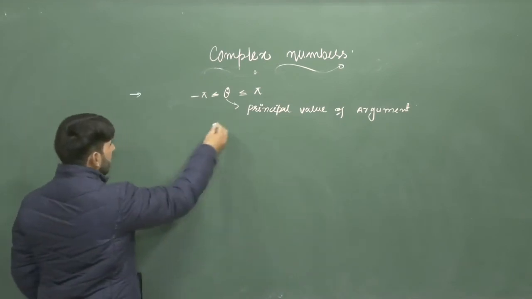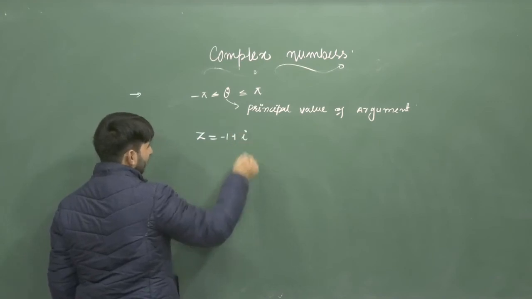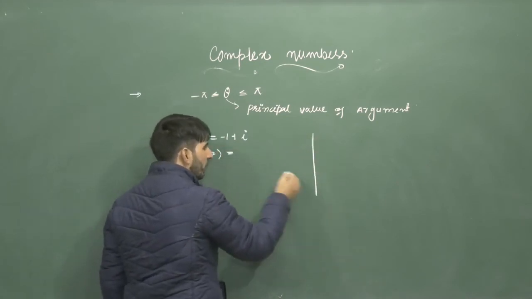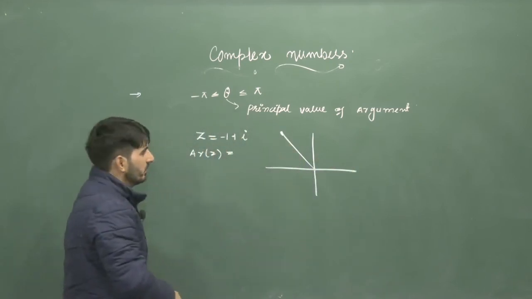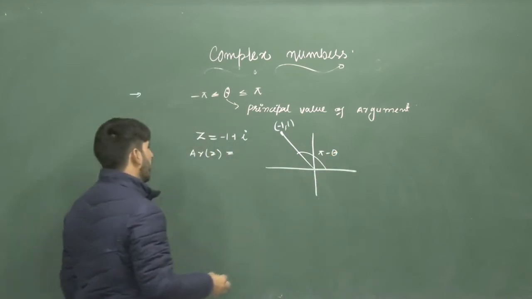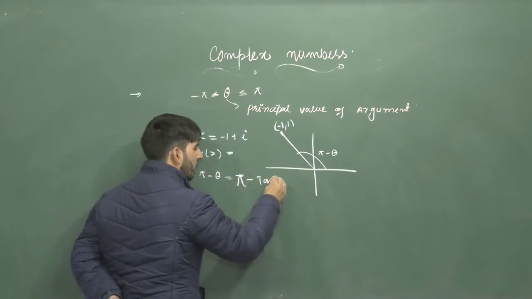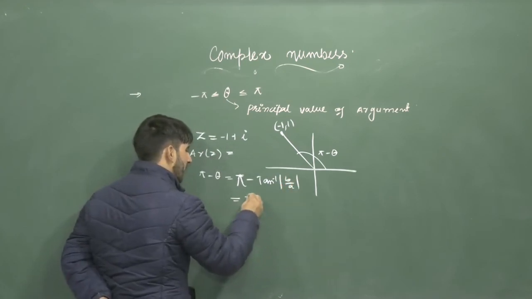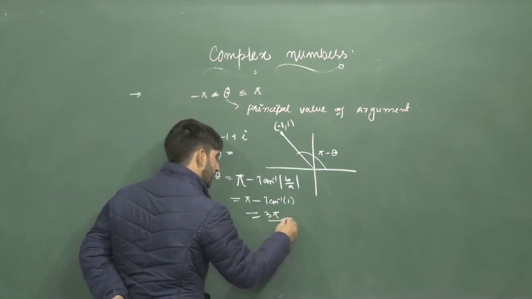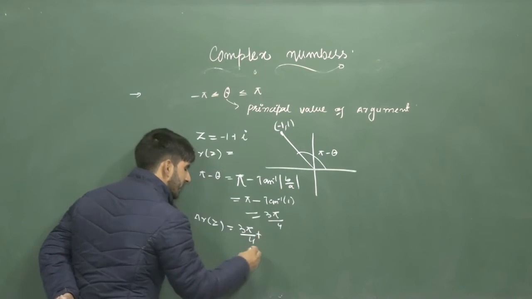For example, we have a complex number, say -1 + i. This complex number lies in the second quadrant, at (-1, 1), and its argument is π - θ, where θ = tan⁻¹|b/a| = tan⁻¹(1) = π/4. So π - π/4 is 3π/4. So the argument of this complex number is 3π/4 + 2nπ.